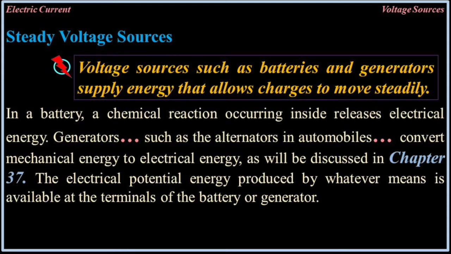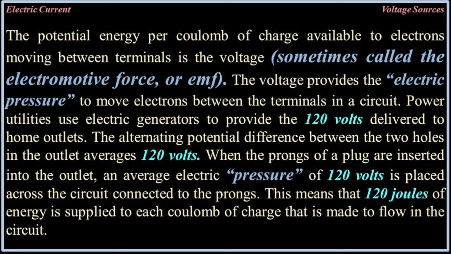The electrical potential energy produced by whatever means is available at the terminals of a battery or generator. The potential energy per coulomb of charge available to electrons moving between terminals is the voltage, sometimes called the electromotive force or EMF. The voltage provides the electric pressure to move electrons between the terminals in a circuit.